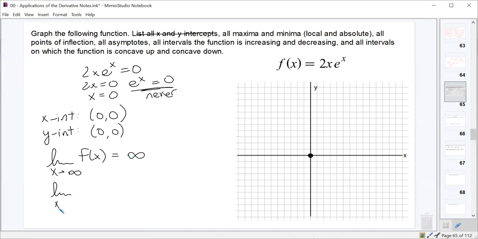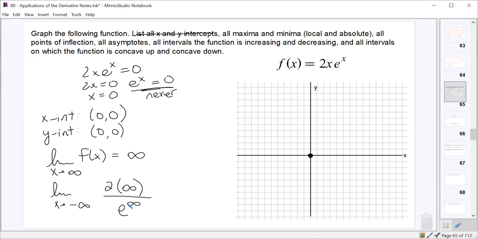And if we look at negative infinity, we have to think about which of these things is going to increase more rapidly: 2 times infinity, or e to the negative infinity, which means that negative exponent drops to the denominator and becomes a positive exponent. Well, we've talked multiple times before that an exponential function always increases more rapidly than a polynomial function.